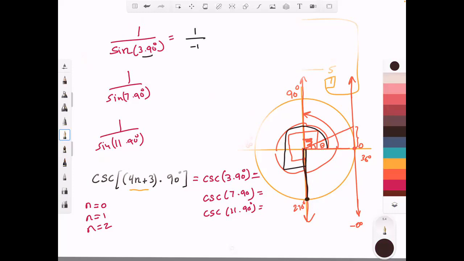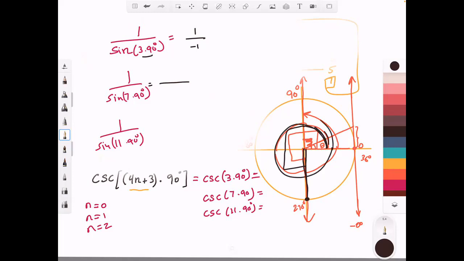Good. What about sine of 7 times 90? The way I'm doing it, I'm breaking it down, but if instead of 7 it was 700, I would take 360 out for one revolution. But here, 7 times 90, if you do one revolution, it will be 360, correct?